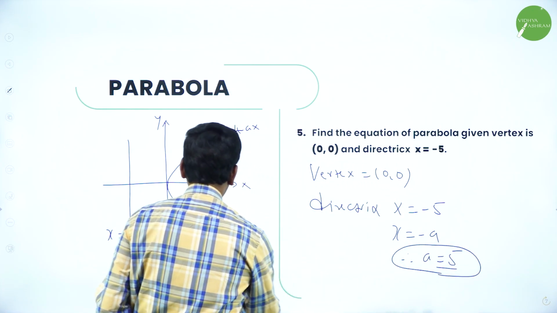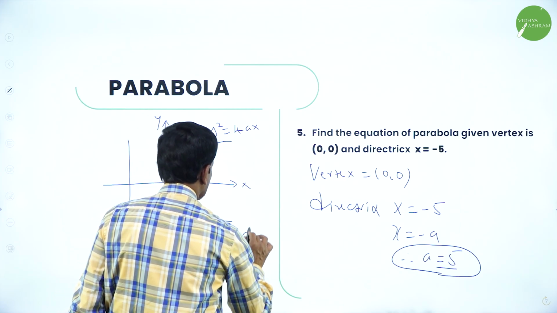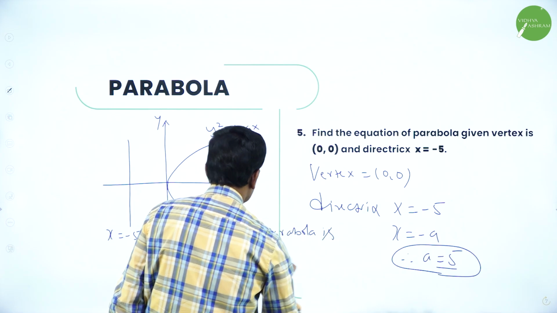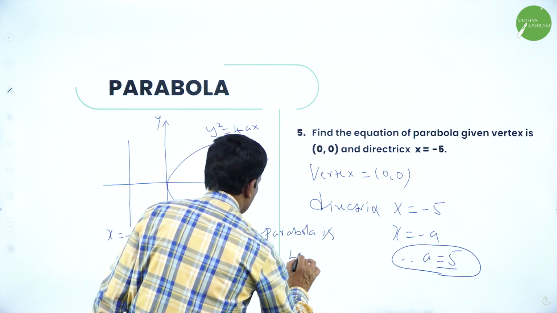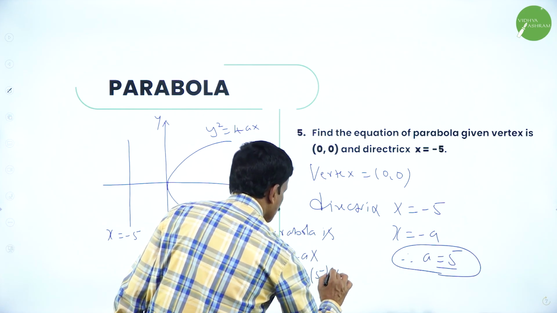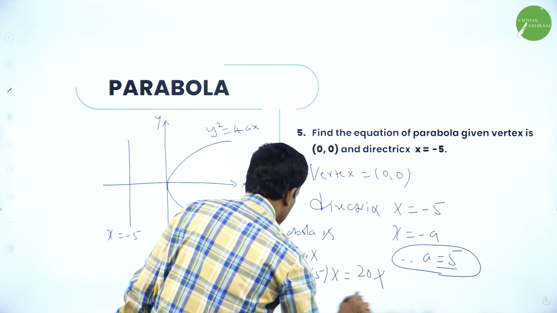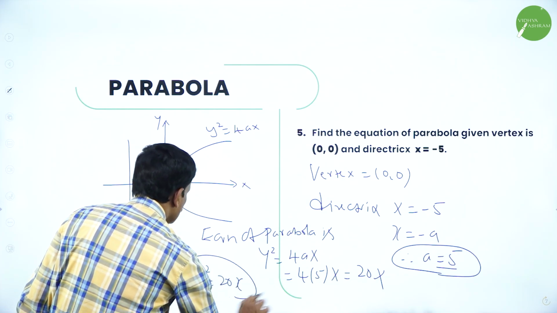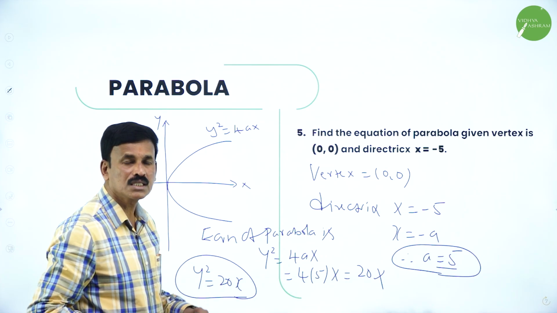So substitute here. The equation of the parabola is y square is equal to 4ax, that is nothing but 4 into 5 into x, that's equal to 20x. So therefore the equation of the parabola is y square is equal to 20x, which is the required equation.